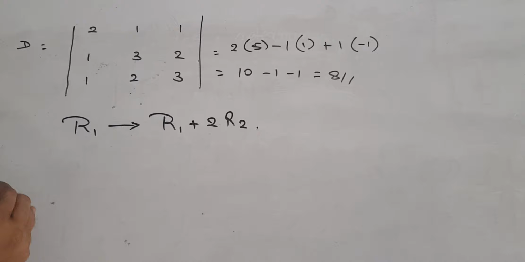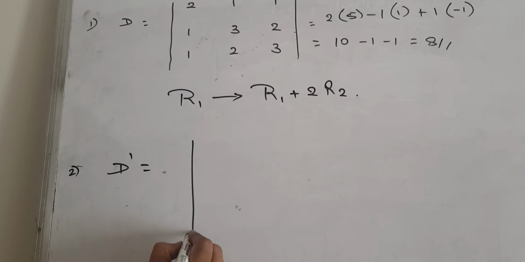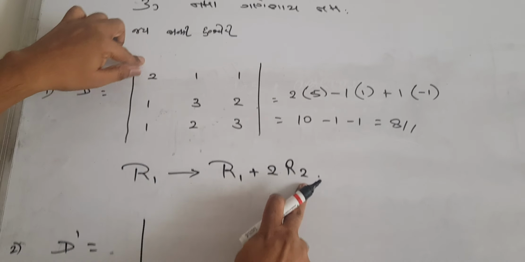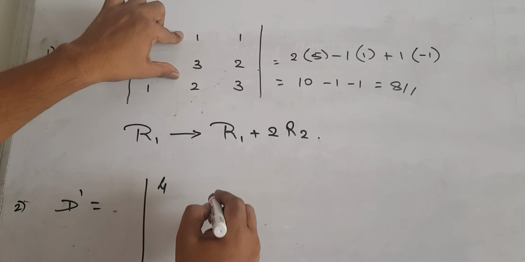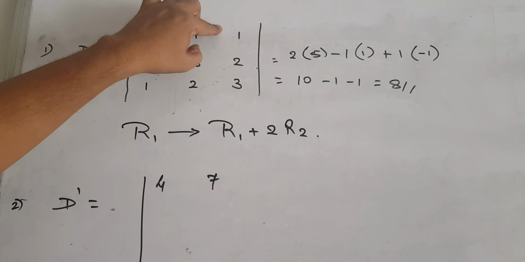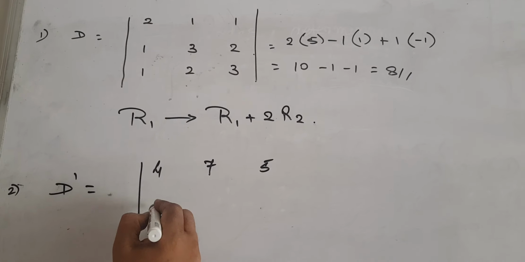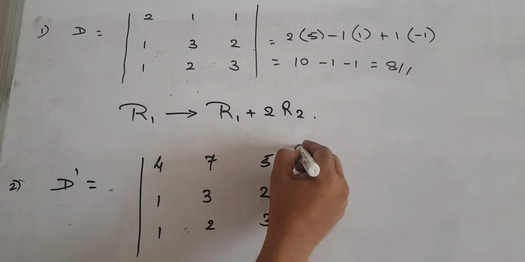ऐसा आएगा, देखना. तो D dash will be what? New determinant. फर्स्ट रो प्लस 2 इंटू सेकेंड रो मीन्स 2 plus 2 into 1 means 4, 1 plus 2 into 3 means 7, 1 plus 2 into 2 is what? 5. Remaining as it is: 1 3 2, 1 2 3.